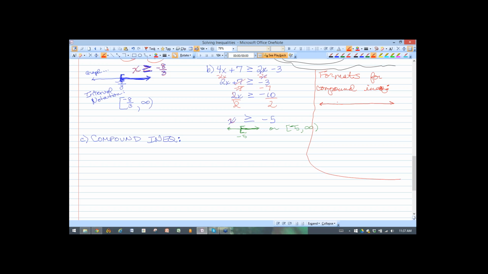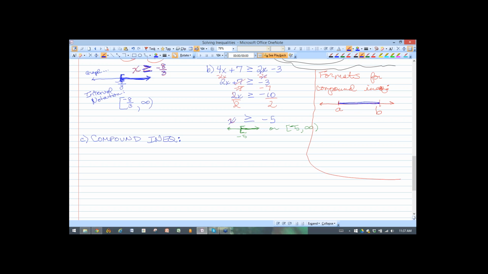If we have A and B on a number line, A and B are real numbers, any 2 real numbers, and A is going to be less than B. My solution set X is going to be located here between A and B.